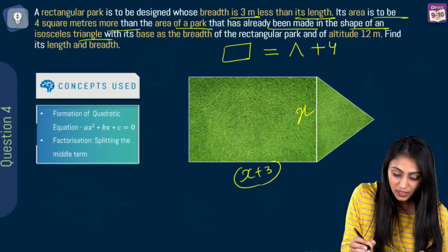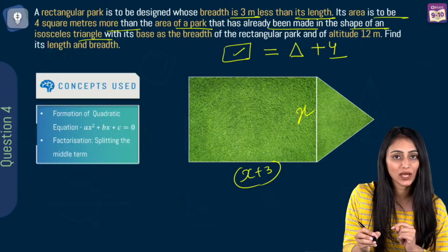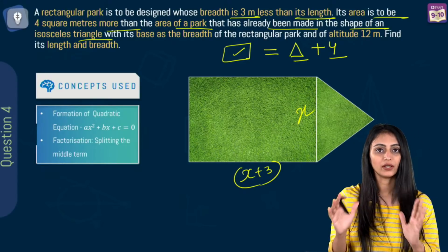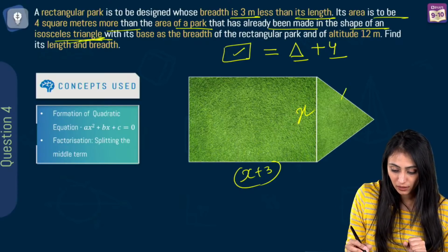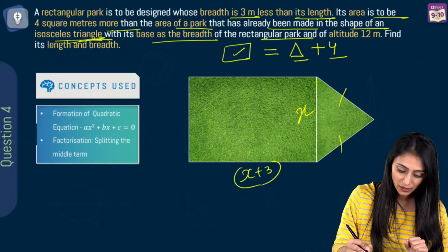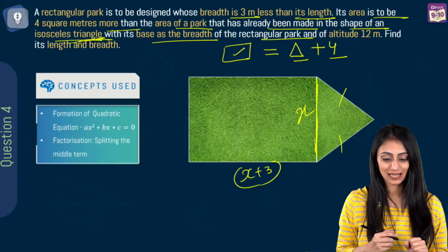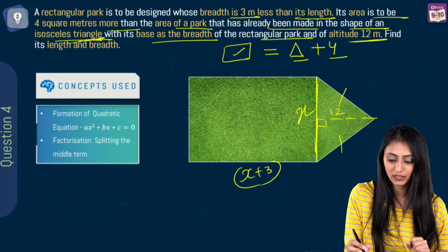So it's the area of the rectangle that is 4 square meter more than the area of this triangular park, right? Now, this is an isosceles triangle, means these sides are equal, with its base as the breadth of the rectangular park, and the breadth of the rectangular park is x, right? And its altitude is 12 meter. Altitude, we know that's the perpendicular, that's 12 meter.